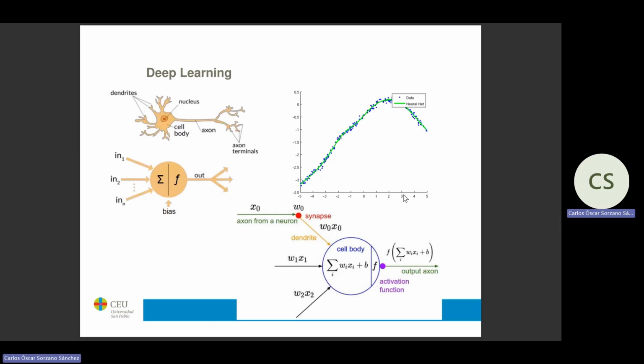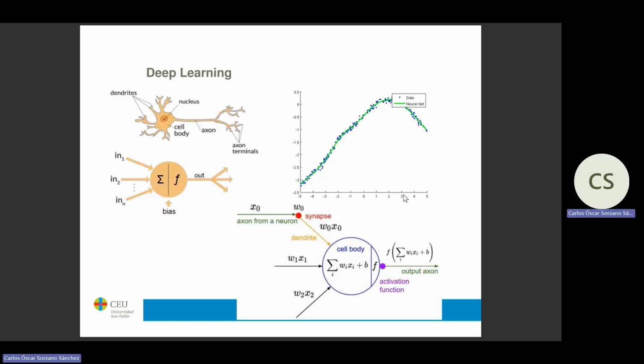And then there is a bias. Let's say that w0, w1, w2 represent different input signals, and the bias is not represented here. Sometimes it is. And then this is a linear combination. You go through a non-linear function, and then that is the output of your neuron.